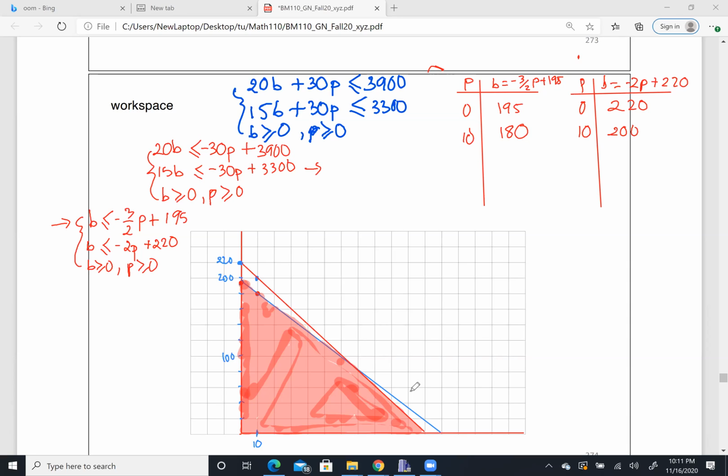Okay, so that should be the feasible region. All right. Now what do we have? Okay, so let me notate that as the feasible region.